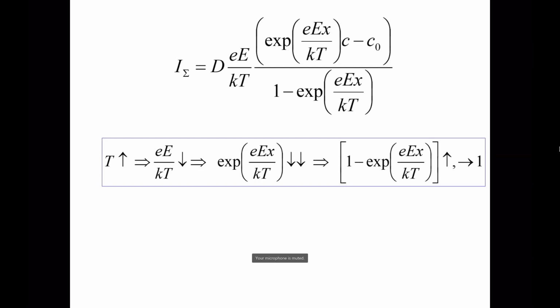Have a look. For instance, we have some medicine and we need to get this medicine into the patient's organism. So let us increase the temperature. If we increase the temperature, this one falls down, this one falls down. The exponent of this one falls down tremendously, because if this falls down, this is the exponent, it falls down more significantly than this one.